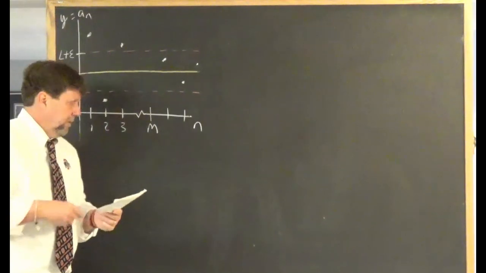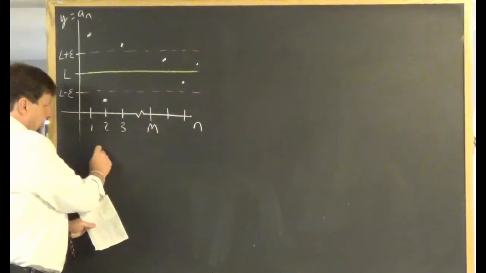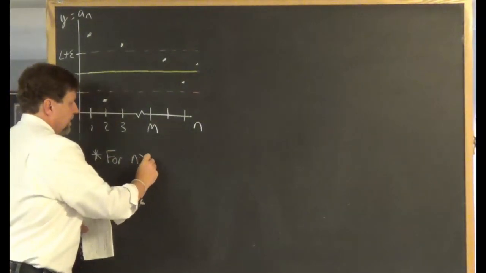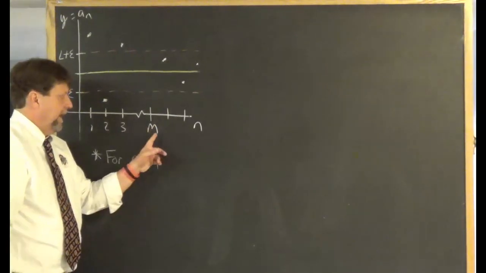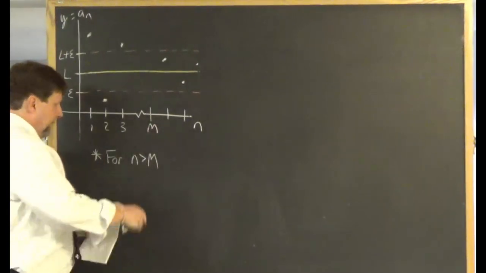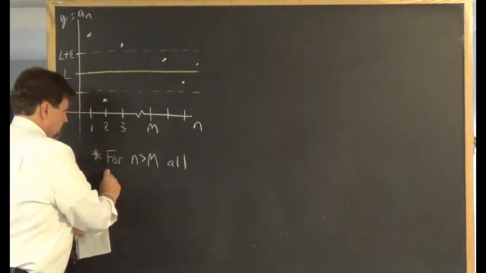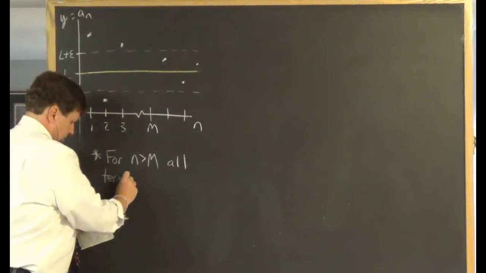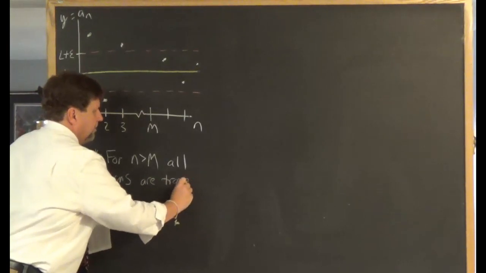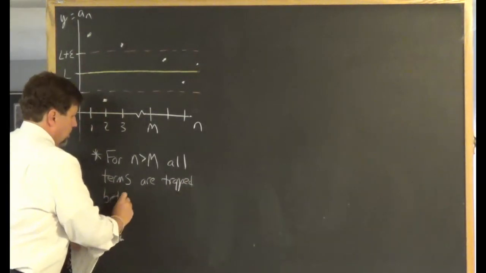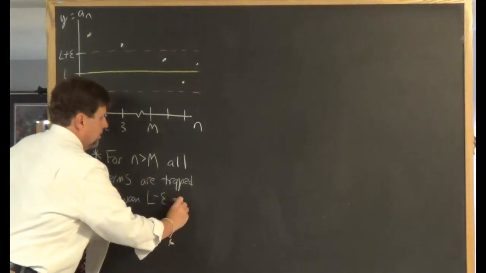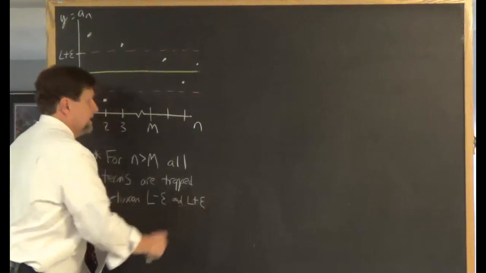So a note that I would make here, I'll give it a 1-star comment, is that for any n that is greater than m, so for any positive integer that's greater than this number, for all of them, all of the terms of the sequence are trapped between L minus epsilon and L plus epsilon.